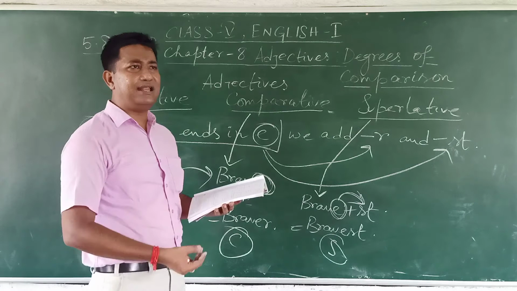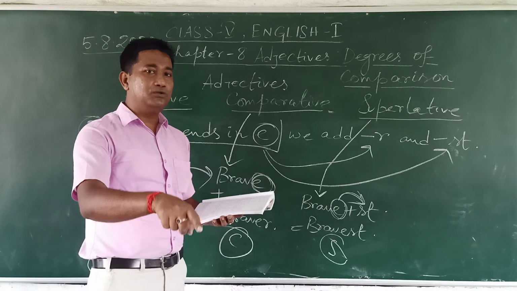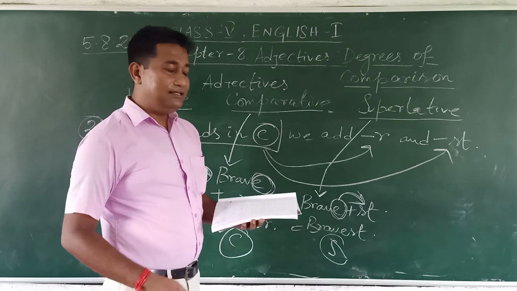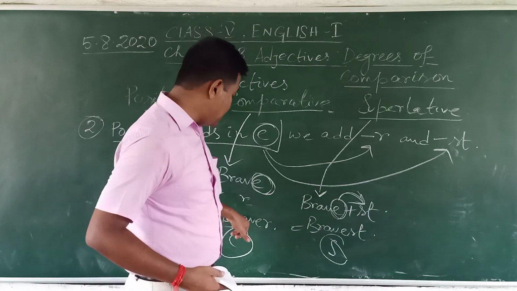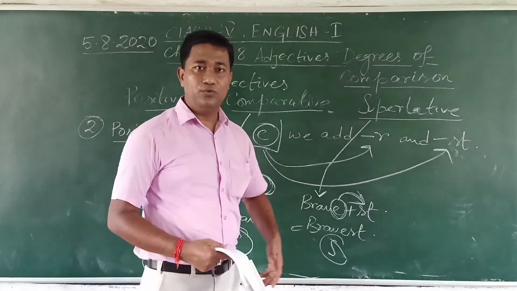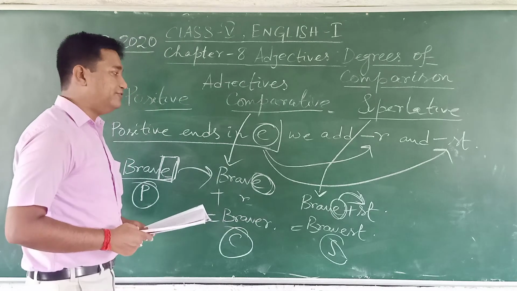Whatever words we get as adjective in a sentence, if it ends with E, then you can switch on to this rule. And then the last one, here R and here ST. So we need to add ST and then we can make it into superlative form.